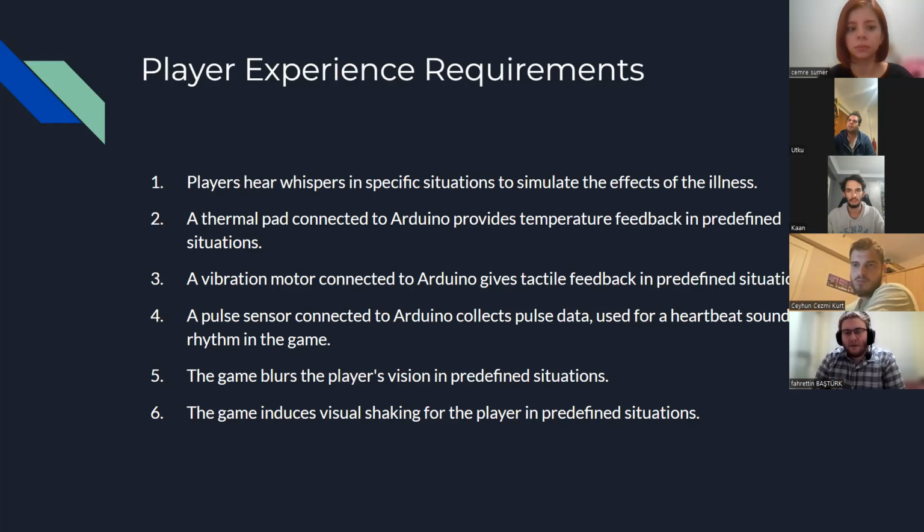And we have a vibration motor connected and a pulse sensor connected. The pulse sensor is connected to Arduino to collect pulse data used for heartbeat sound and rhythm in the game. And with that, the game will blur the player's vision in predefined situations, and the game includes visual shaking for the player in predefined situations too. Other page.